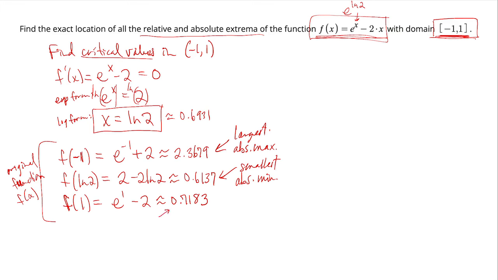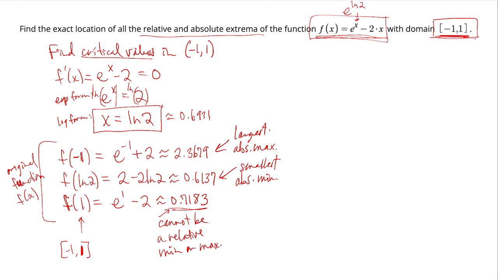Now the fact that it's on a boundary: remember, closed and bounded interval from -1 to 1. 1 is on that right boundary, so it cannot be a relative min or max. A relative min or max only occurs within the interior.